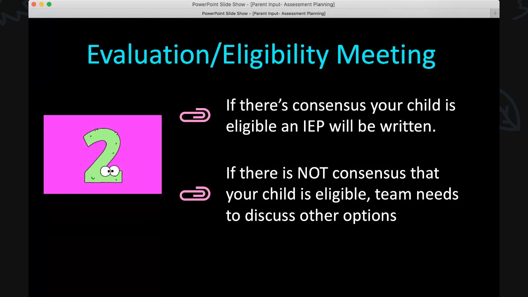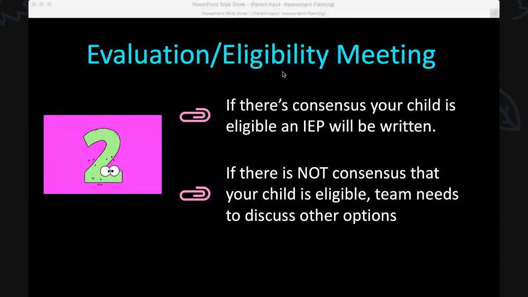If the school members of the team do not feel like your child needs specially designed instruction, they have to be able to give you other options. And sometimes that would be a 504 plan. So that would be one thing that your child may be eligible for if they do not qualify for special education services.